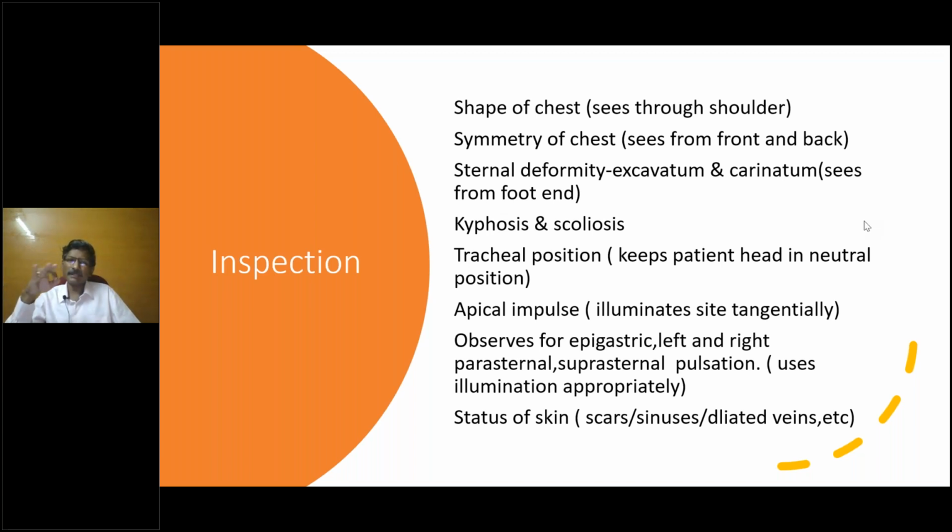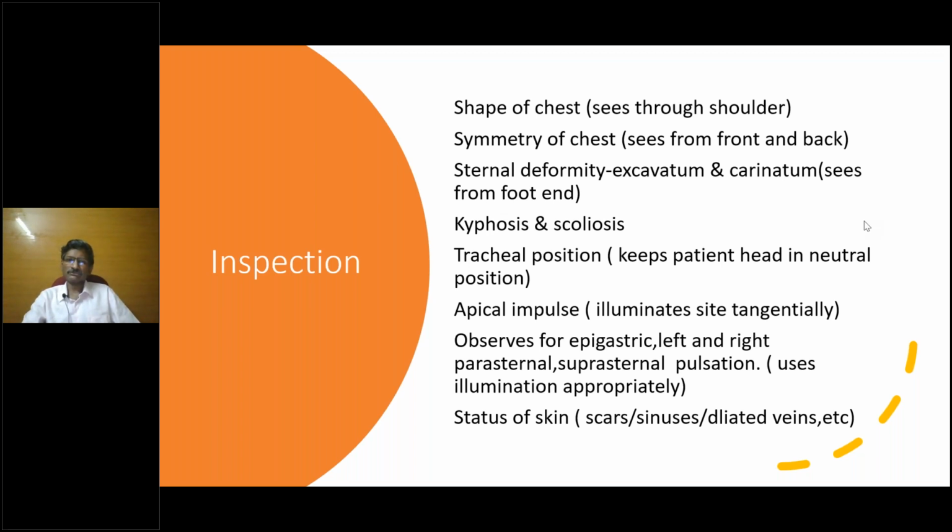Most patients with aortic regurgitation will not have features of pulmonary hypertension or right heart failure, but unlike aortic stenosis, maybe 10 to 15% of aortic regurgitation do go on to develop heart failure.